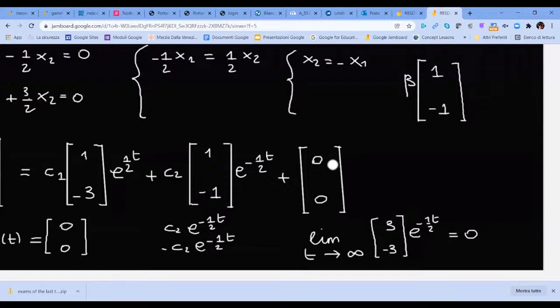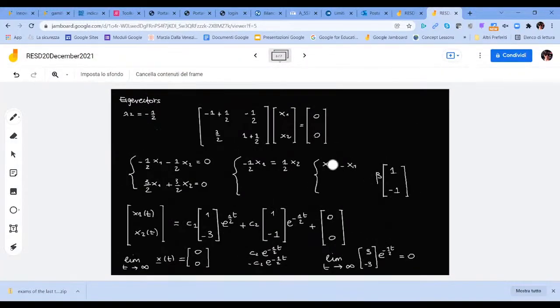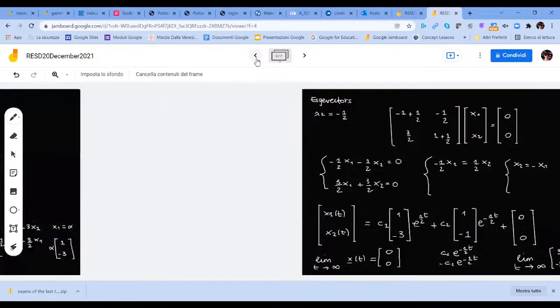Let's say we had another steady state like the first one, 6, 3.